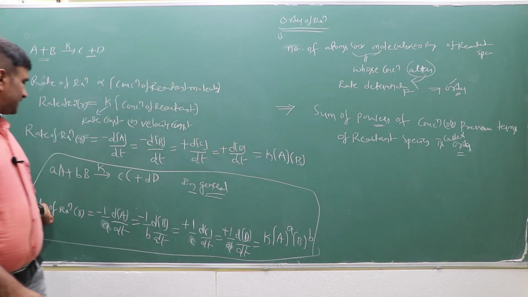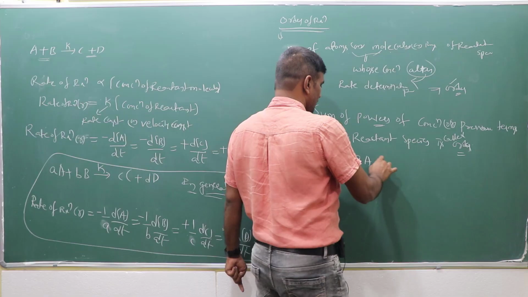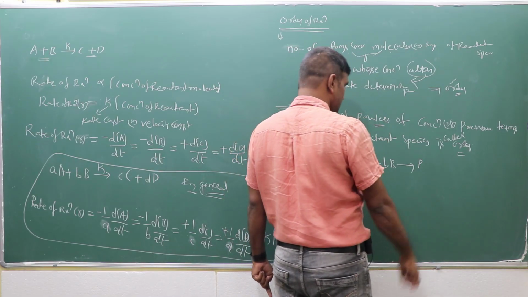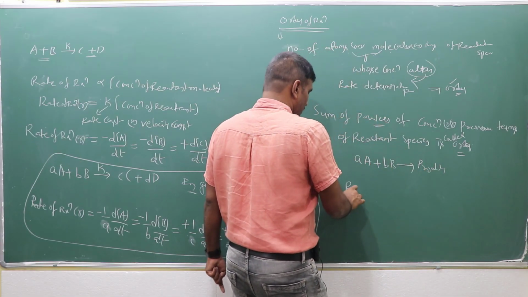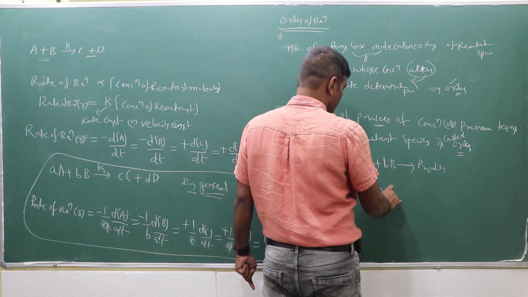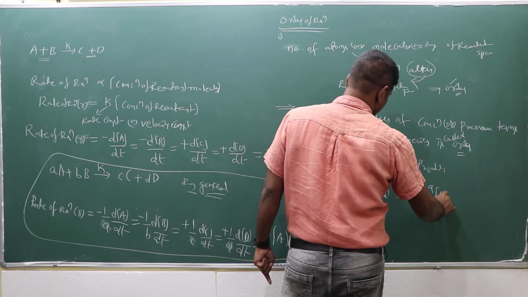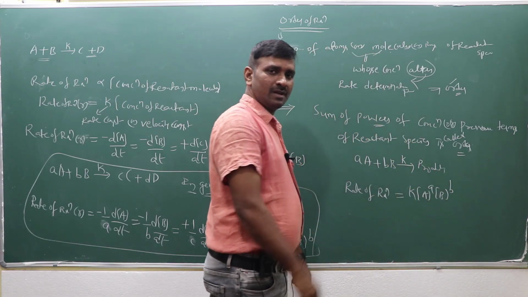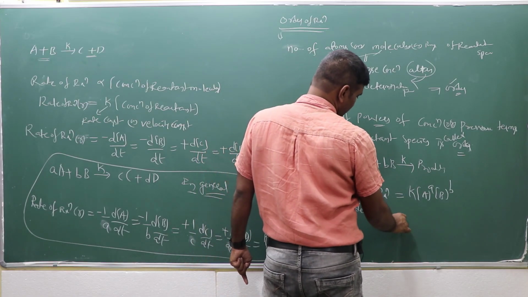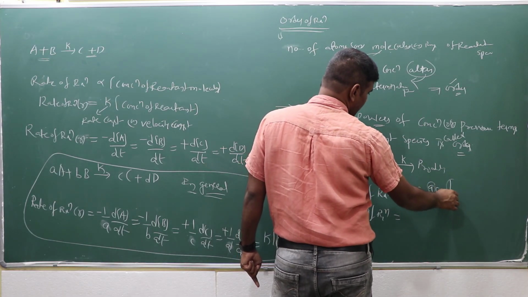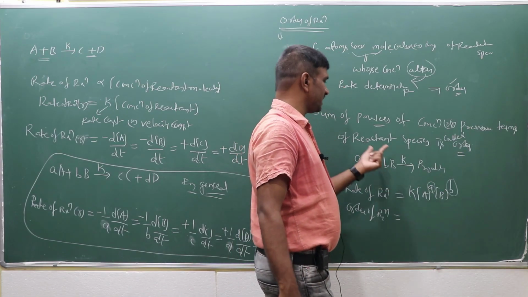Suppose it is given like this, the generalized reaction given earlier: a equivalents of A and b equivalents of B go to products P. The rate of reaction depends upon the concentration of A and the concentration of B. So the order of the reaction is the sum of the powers of the concentration or pressure terms of the reactant species.